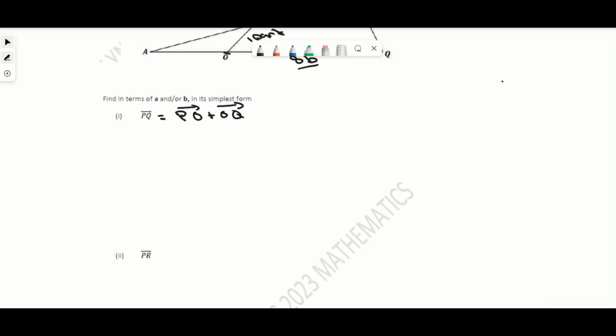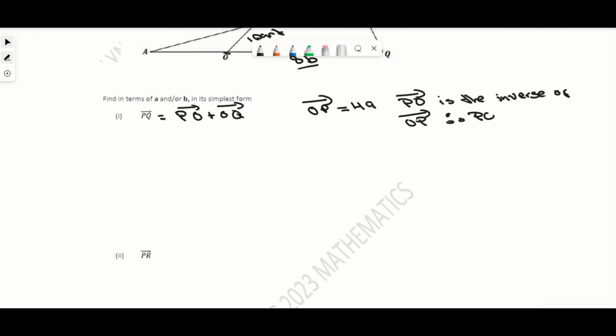Now, they already told us that OP is equal to 4A. However, we want PO. If we know anything about vectors, we know that PO is going in the opposite direction of OP. So PO is the inverse of OP.